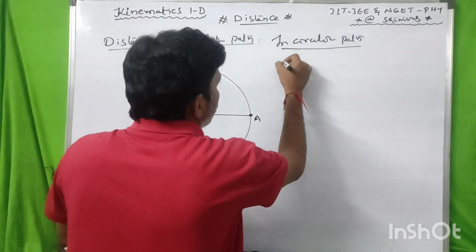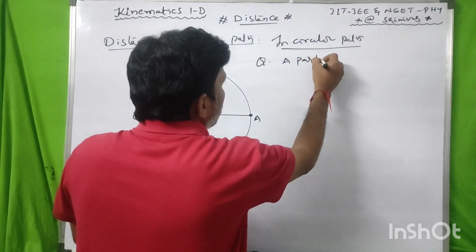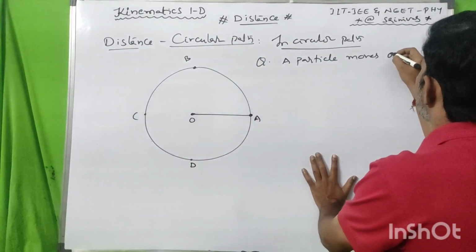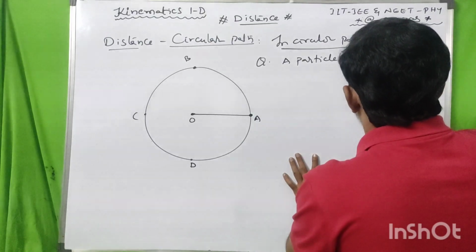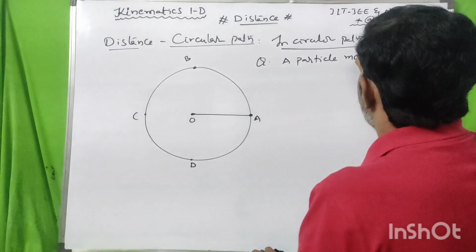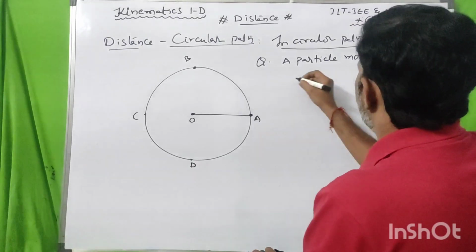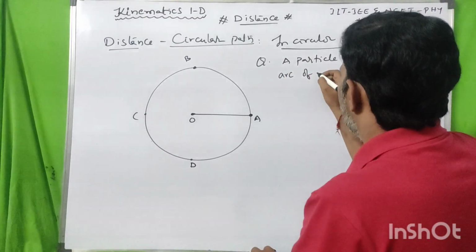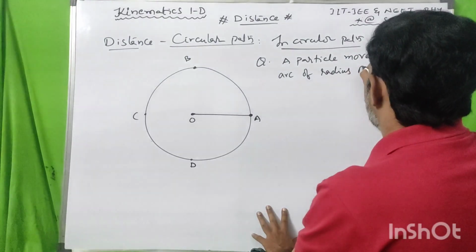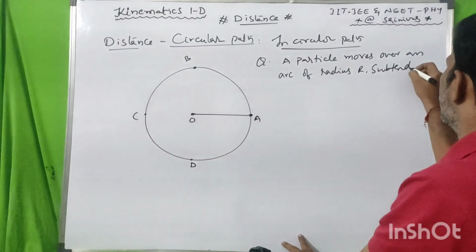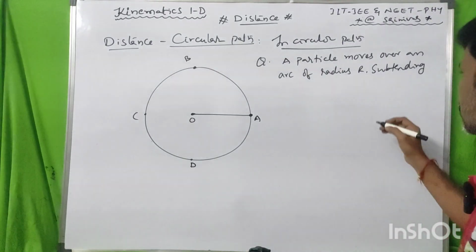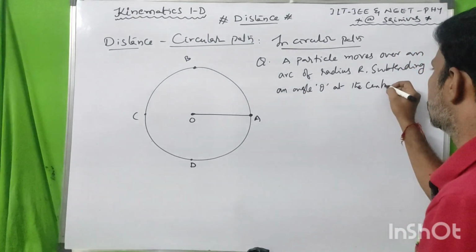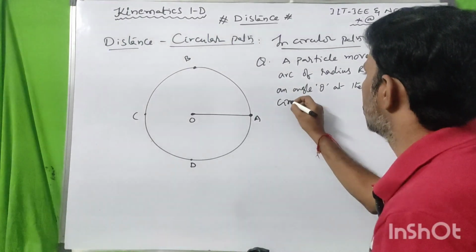So the question is: a particle moves or covers, let us write it, moves over an arc of radius capital R, subtending an angle theta at the center of the circle.